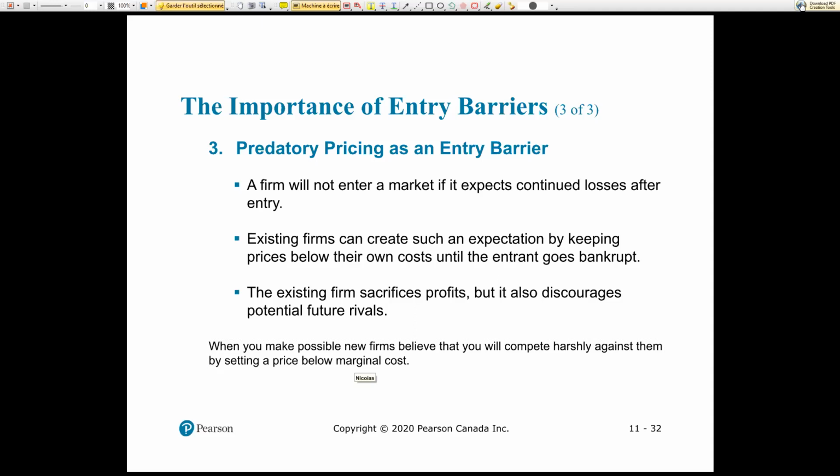And when they're away, then you start raising price again. So I'm sure you have seen that happen a few times. Sir, isn't that illegal? Again, it's hard to prove, but yeah, I think in many circumstances it is. Not sure about Canadian law exactly, but yes, if you can show that some firm is selling below marginal cost, then yes, that would be.